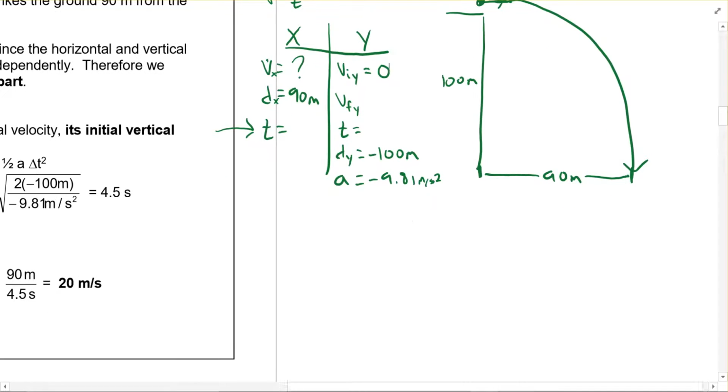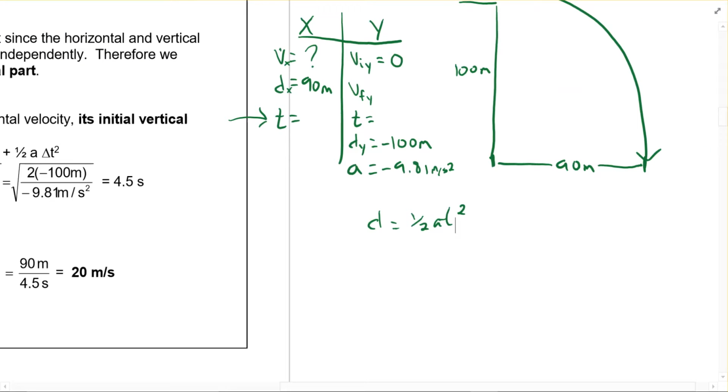Now I can just start with the formula for velocity. I'm going to use a formula that doesn't even have vf in it, because vf is the one that I don't really care about here. I'm looking for t. So I'm going to say d is equal to 1/2 at squared. Is it plus or minus? Plus.